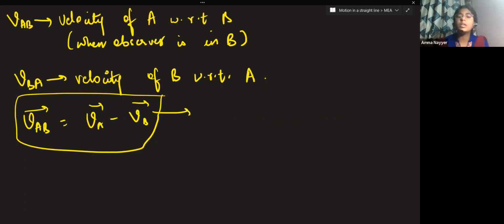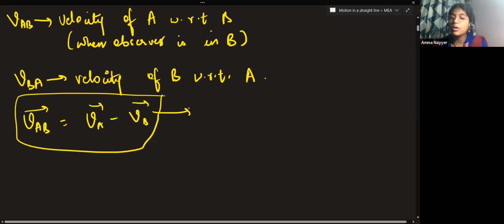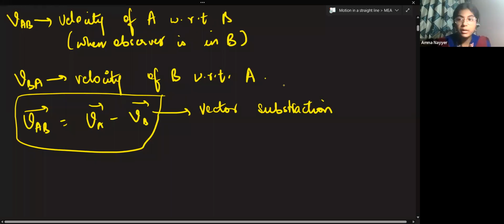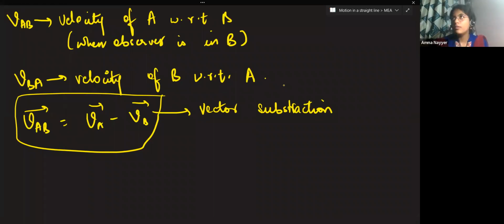Here you don't need it, but just for your knowledge, I'm telling you, this is basically vector subtraction. One thing I'll tell you all, I don't know how many of you know this. Vector subtraction doesn't mean that whatever looks like algebraic subtraction is the same. For example, if I say 5 minus 3, all of you will say the answer is 2.